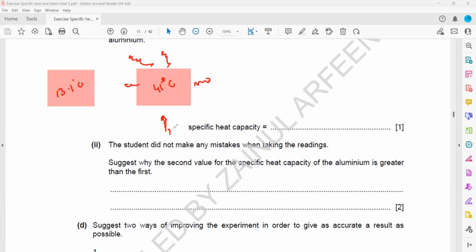So when we supply 23,800 joules, the rate at which energy is lost to the surrounding is higher, because when the temperature of an object is greater, more energy is lost to the surrounding.